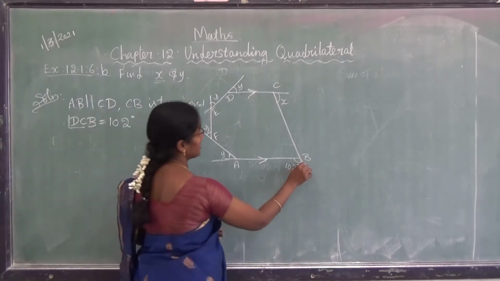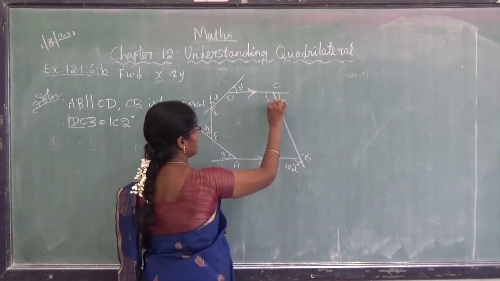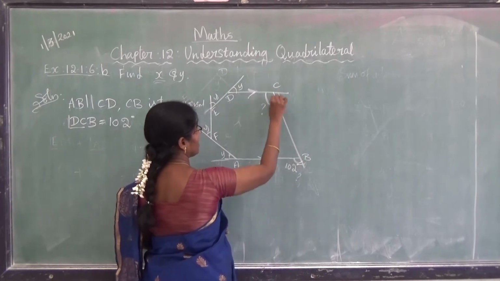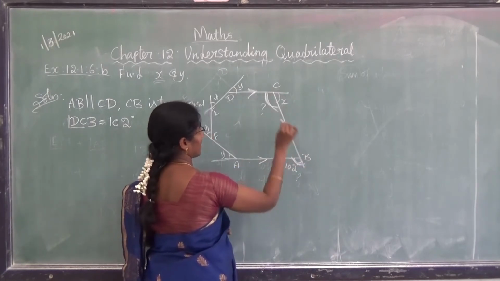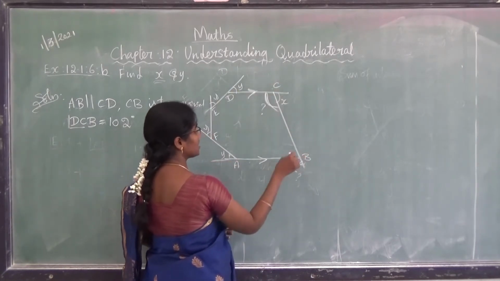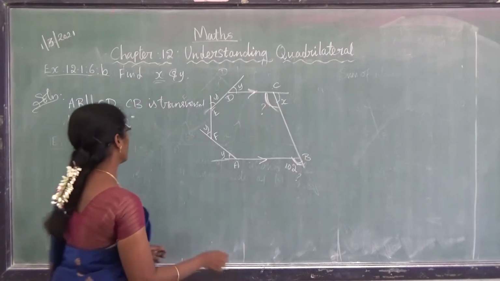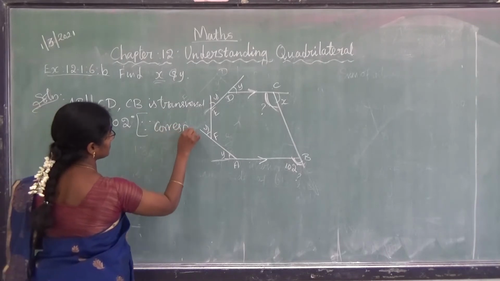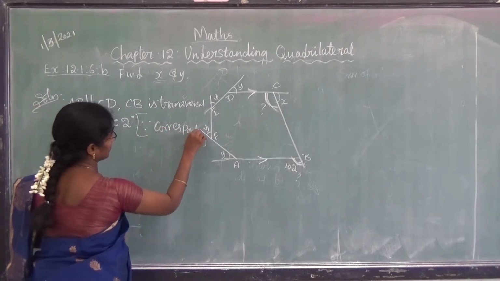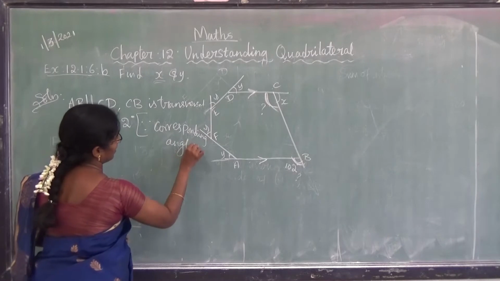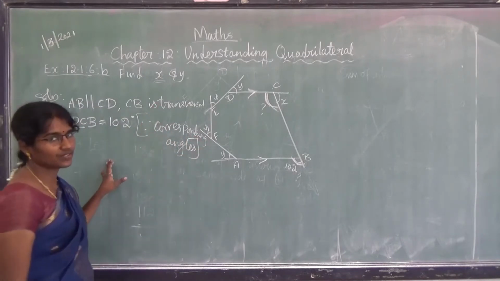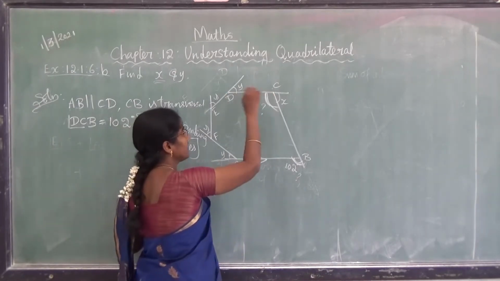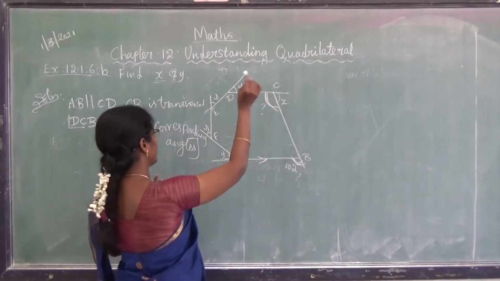If I extend this line, it will produce this, so I will say this and this one are corresponding angles. Angle DCB is equal to 102 degrees because they both are corresponding angles. If two parallel lines are cut by a transversal, its corresponding angles are equal. So I found this DCB as 102 degrees.